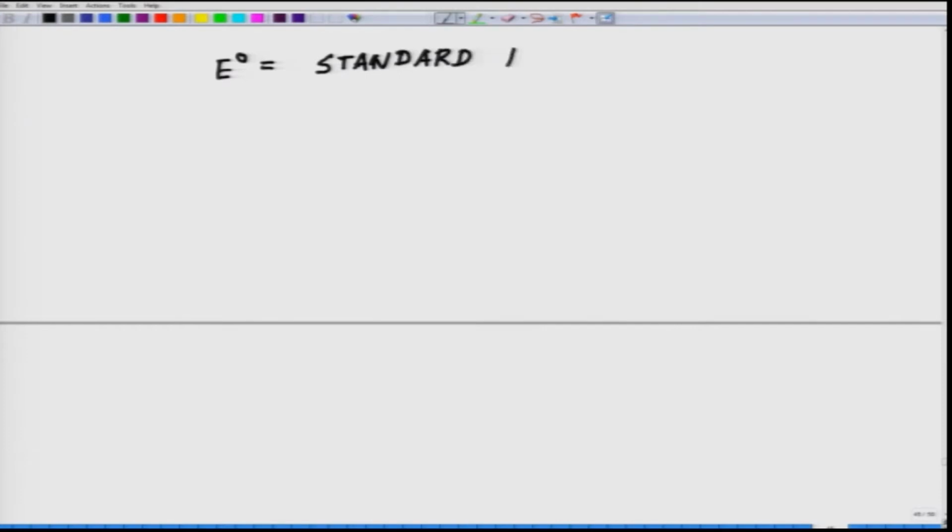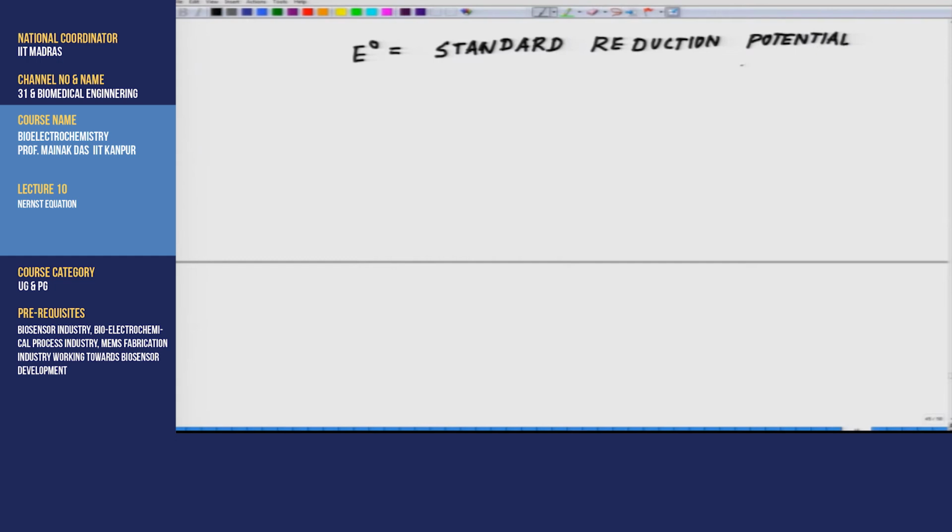standard reduction potential, where the activity of B is equal to 1, which is the unity, I mentioned that, okay.